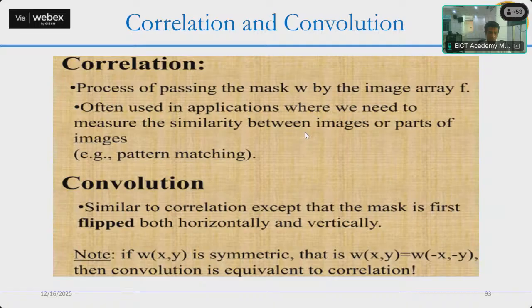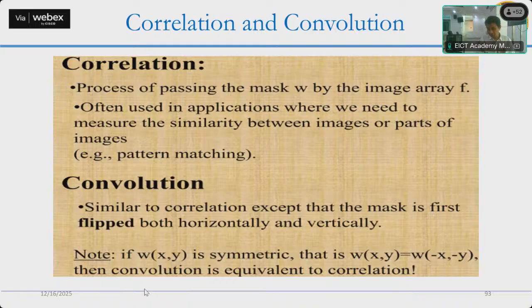Now coming to the part convolution. In convolution, see how is it different? In convolution, one operation is extra: you need to flip before multiplication. So that has been shown here, that the mask is first flipped. As we saw in the one-dimensional convolution, when you convolve x of tau with h of tau, first you do h of minus tau, which is a flipped version.